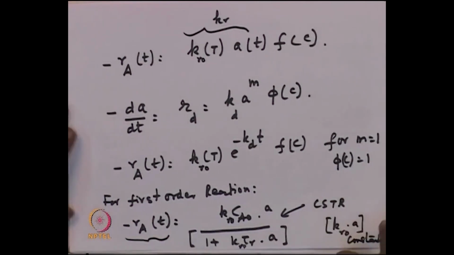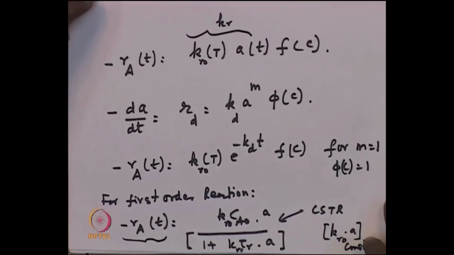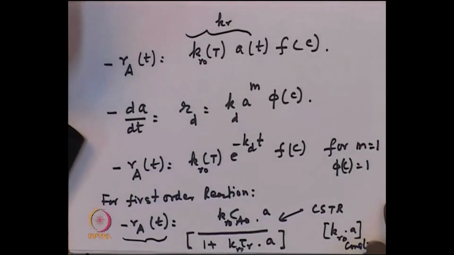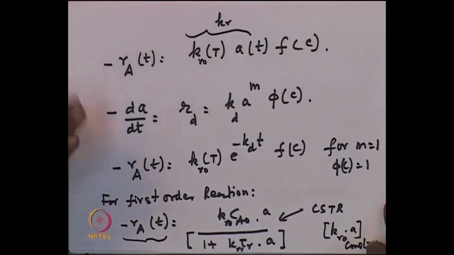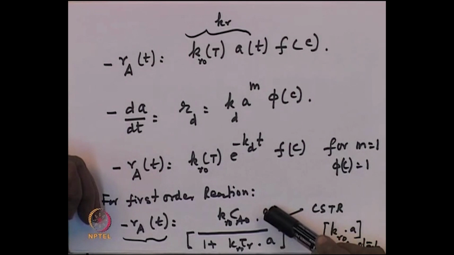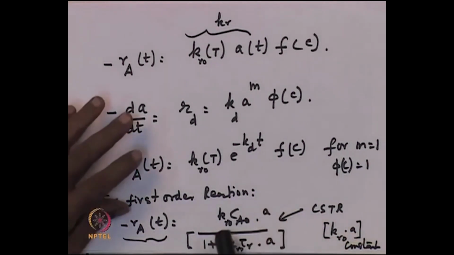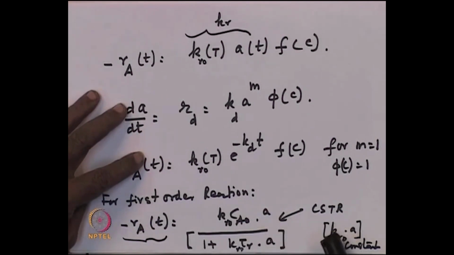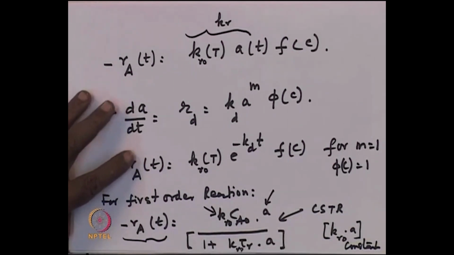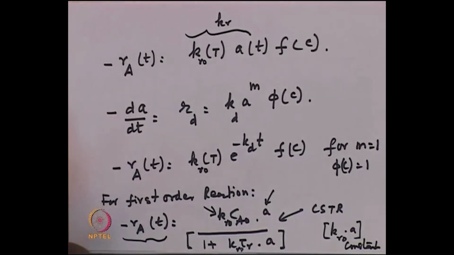Or in other words, what we are trying to say here is that in the case of deactivating catalytic systems, we recognize that the catalyst deactivates, therefore, activity will change. But is there something that we can do to ensure that Kr0 times A does not change? In other words, can we see what we can do to this product Kr0 times A, so that it does not change?